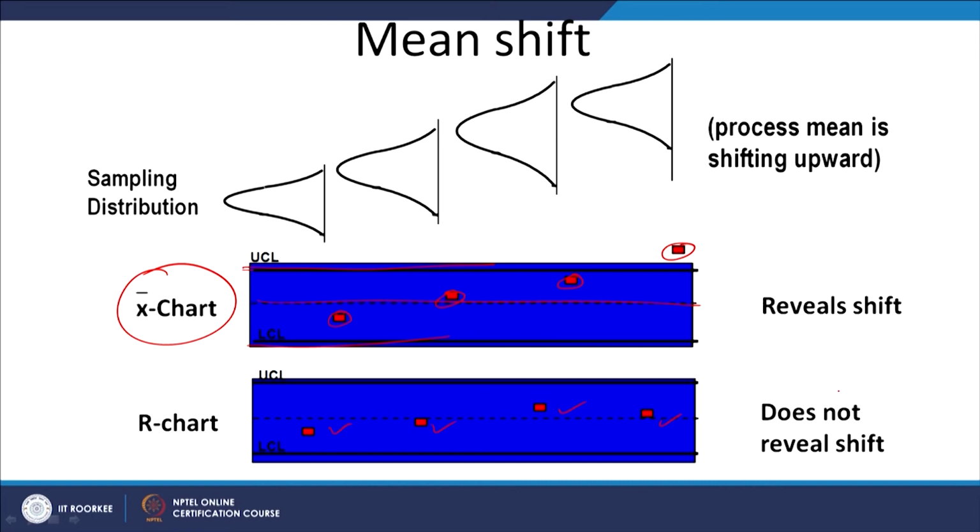So the R chart does not reveal the shift in the process mean. The process mean is shifting in the upward direction, and the data values are shifting upward like this. Dispersion is still within the acceptable range, but the process mean as a whole is shifting continuously upward, and that will lead to a situation where the process is out of control.